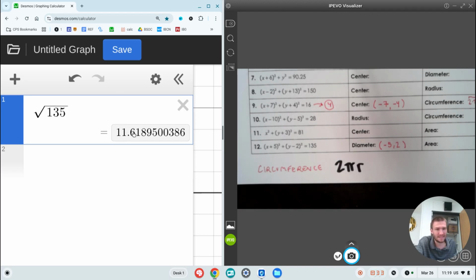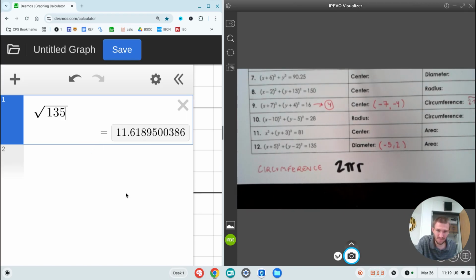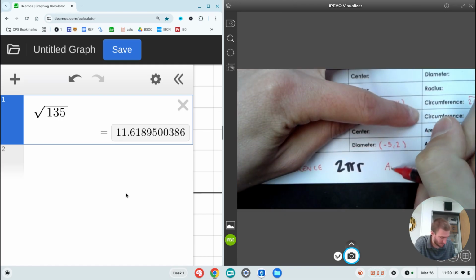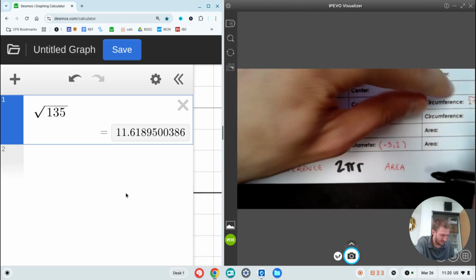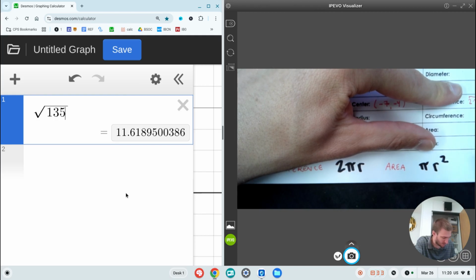And it's a little bit gross. When it comes to the area, we can type all of this into Desmos. The area is another formula. Again, we wrote it on our notes yesterday. The area is pi r squared.